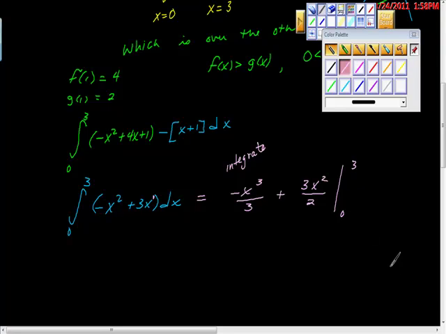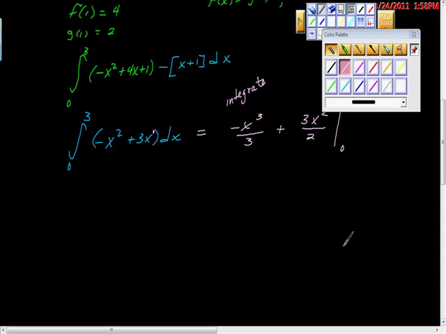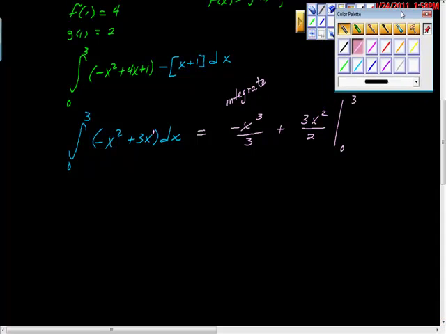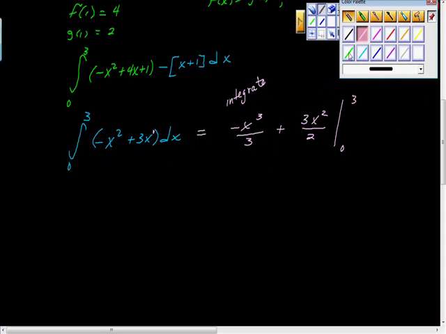So we have all of that done, and all we're going to do now is start to use the fundamental theorem of calculus here. The fundamental theorem of calculus suggests to us that f of b minus f of a gives us the area that we're looking for, doesn't it? And b is 3, so f of 3 minus f of 0 equals, and then we're going to start plugging in these numbers.